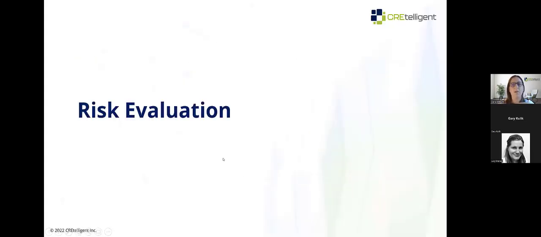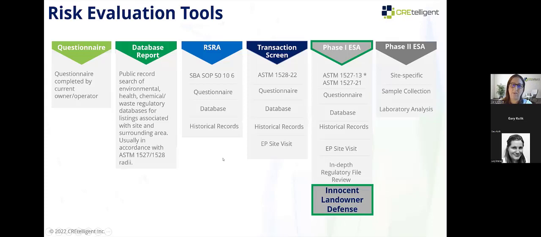All right, so we're going to start today by looking at those risk evaluation tools, and we're going to repeat a slide that we had in our first presentation. We're going to look at these different screening tools from the very most basic all the way up through the more intrusive. The 5 that we begin with: questionnaire, database, RSRA, transaction screen, Phase 1, are all reconnaissance. They're research.